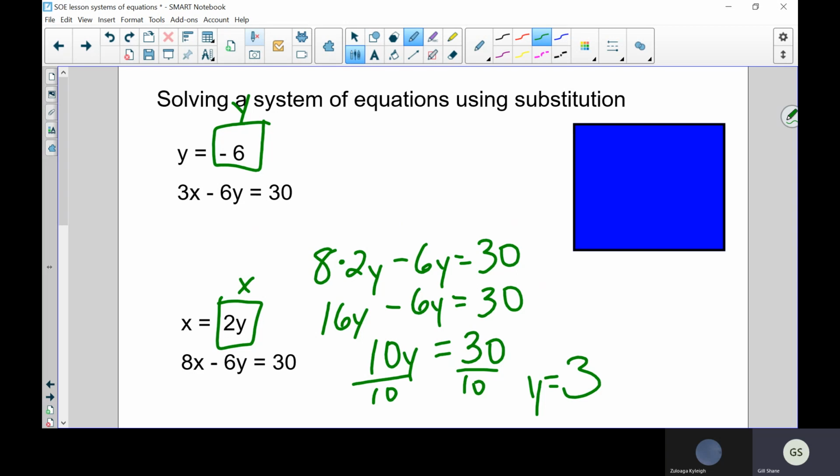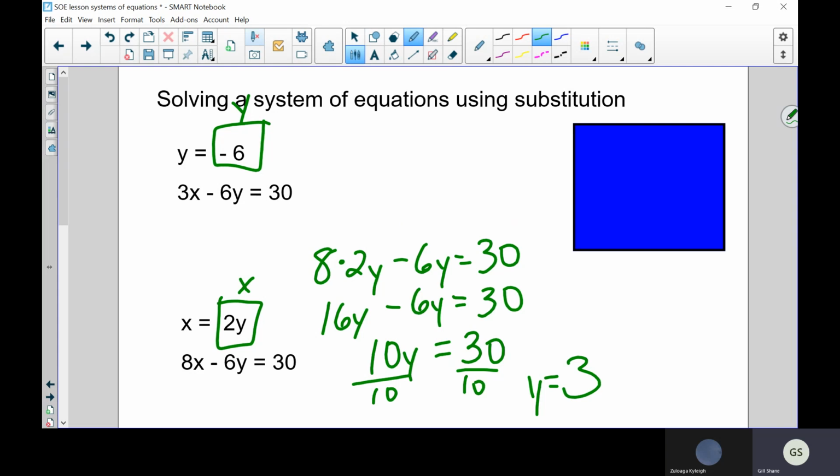But we are not done. We don't know what x is. If I know y is 3, again, I need to go back to one of the equations. I would use the simplest equation, which in this case would be that one.